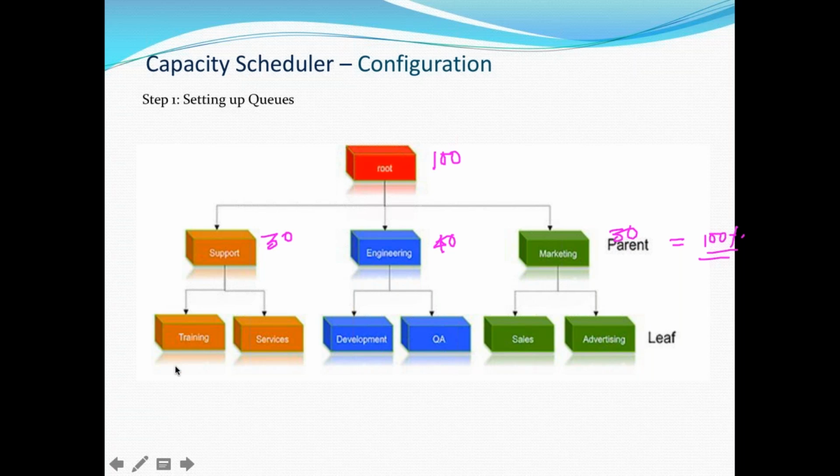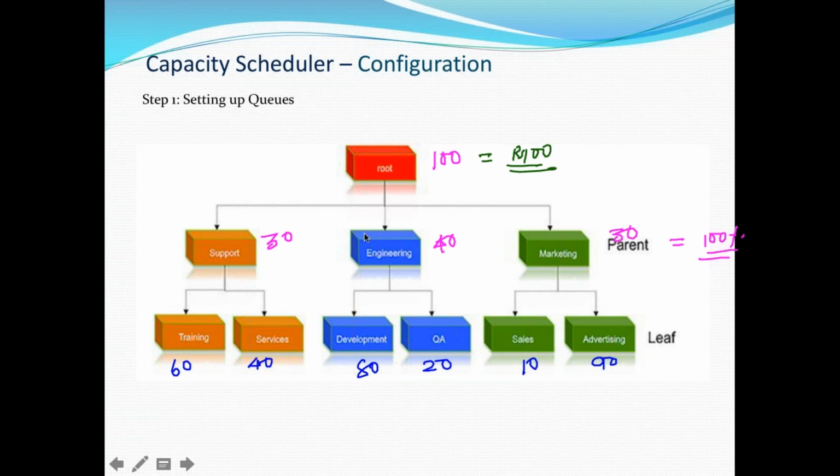Now out of 30%, for example, I want to give 60% for training, 40% for services, 80% for development, 20% for QA, 10% for sales, 90% for advertising. Okay. Let's take an example with 100 rupees.